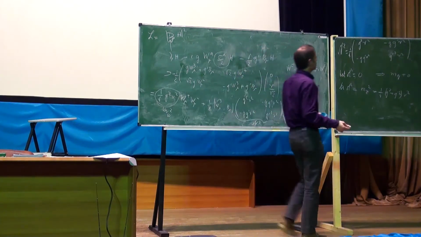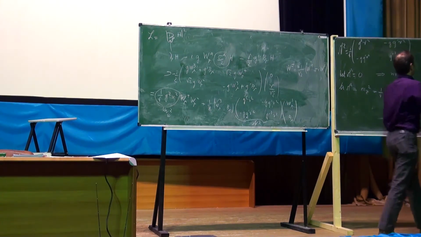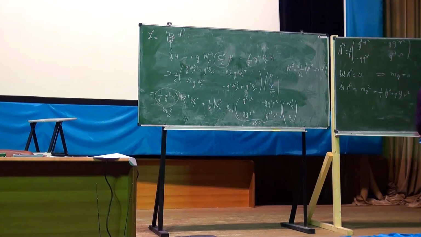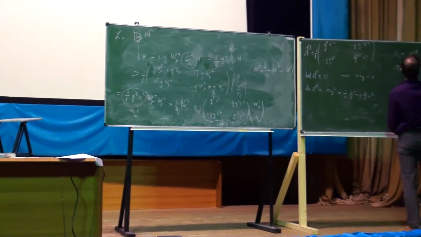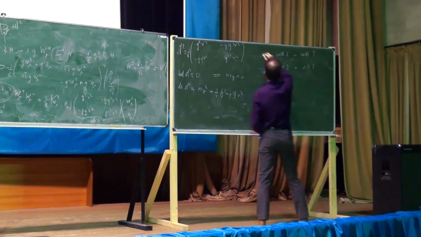So you want to write W3 and B in terms of the mass eigenstates: cosine theta of the Z minus sine theta of the photon, and sine theta Z plus cosine theta of the photon.